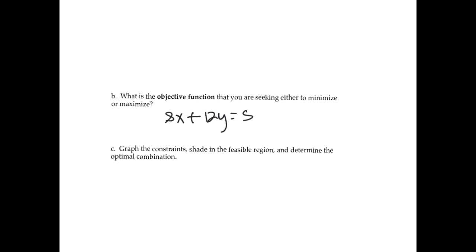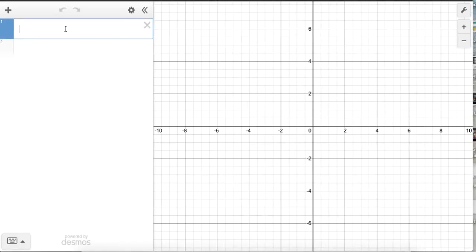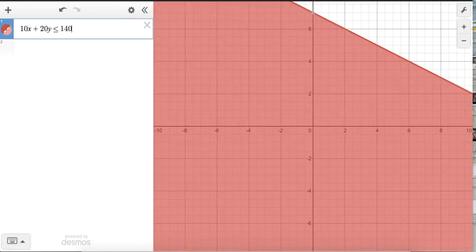Okay, so now we have everything we need to make our graphs, and we'll actually use Desmos. Let's start to enter our inequalities. We have 10x plus 20y is less than or equal to 140.